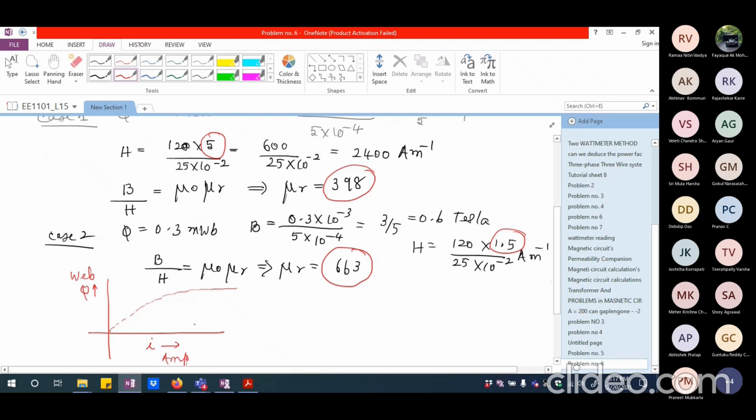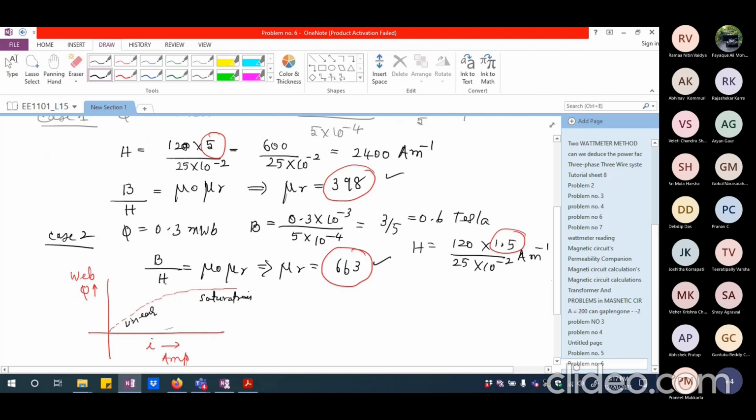When you are trying to look at how these two are related, initially it may be linear, after that this saturates. So this is going to be saturation region, whereas this will be linear region. We will see why saturation occurs in ferromagnetic material eventually, but this is the way generally your characteristics are going to be, and that is what is manifested here.